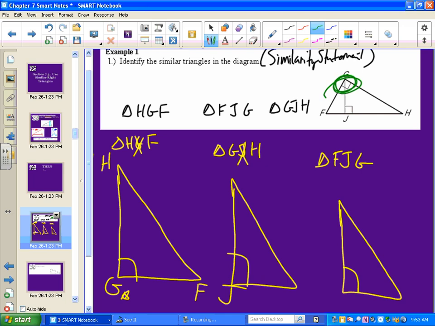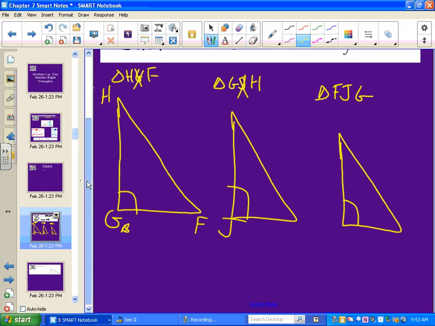The angle that's untouched is H, because there's no altitude coming from it. So H is up here at the top, which means H goes in the top of this one. Now H has been placed, which means G has to go there. I don't even have to think about it.